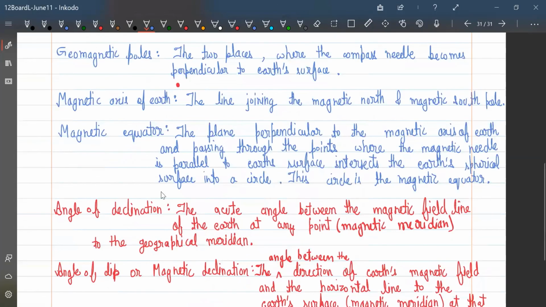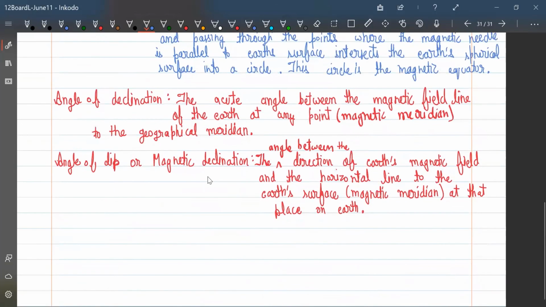And next is the angle of dip. So this is like this. If this is the surface of the Earth and the magnetic field line, let us say, is going like this, this is the Earth's magnetic field line.